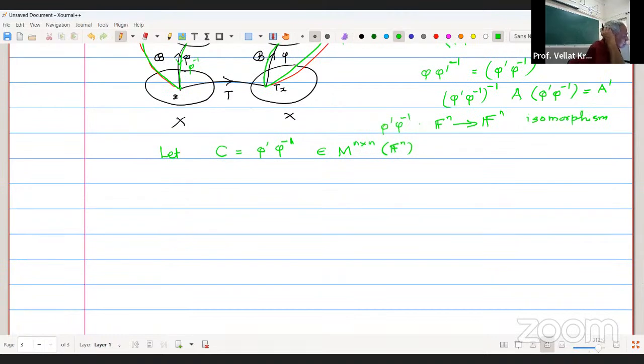Therefore, you see that A prime is equal to phi prime, phi inverse, which we designate by C. Therefore, A prime is equal to C A C inverse.